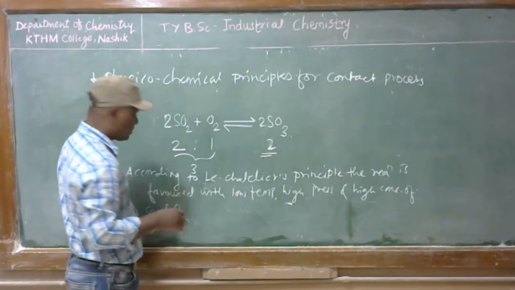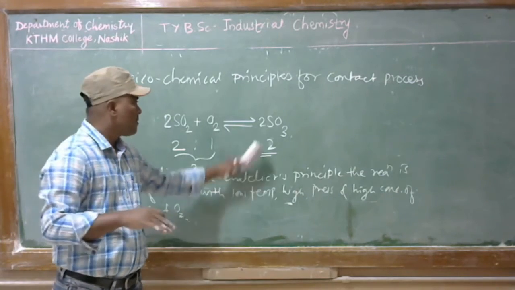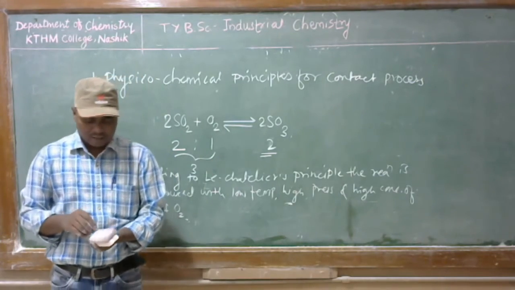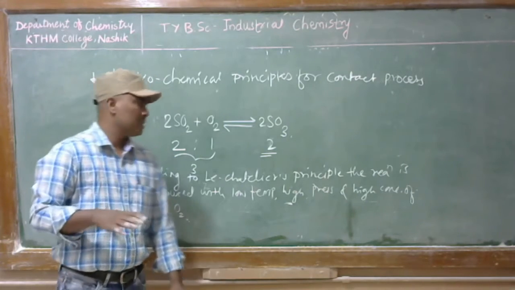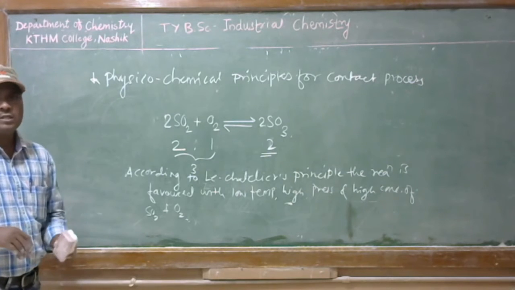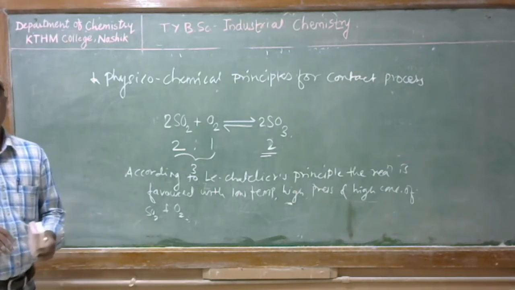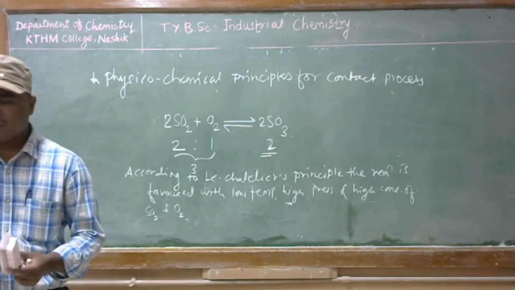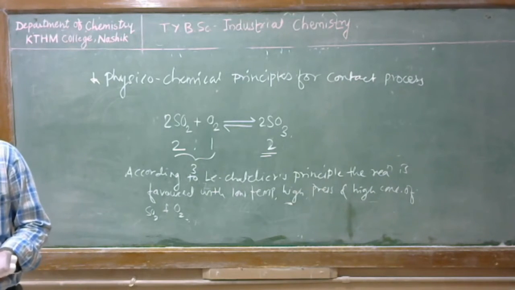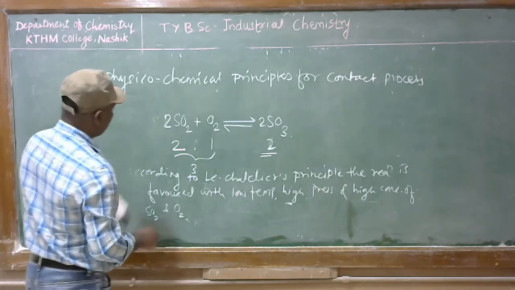When we increase the concentration of reactant, the yield of the product will increase. So according to Le Chatelier's principle, the reaction is favored with low temperature, high pressure and high concentration of oxygen and sulfur dioxide. First we will discuss the effect of temperature on the reaction.